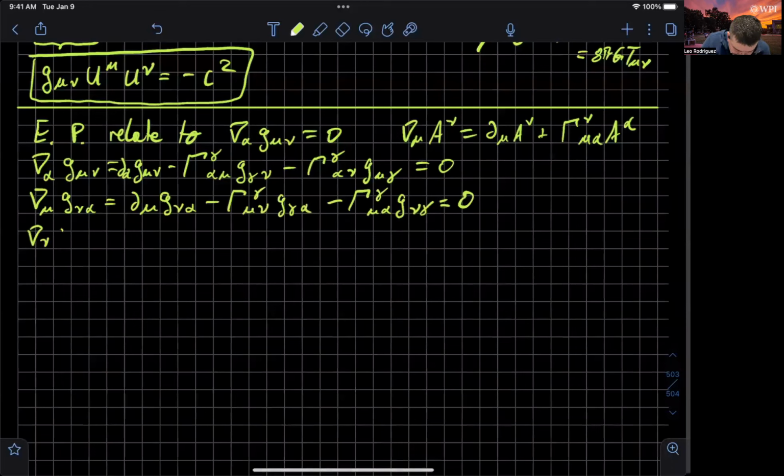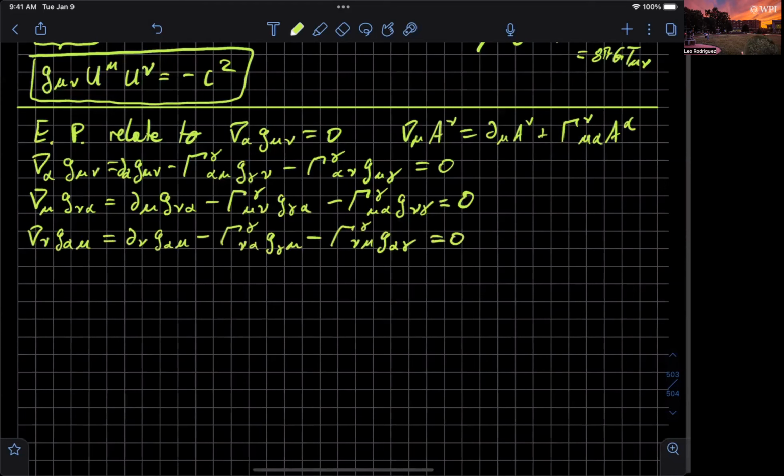So that'll be the derivative of g alpha mu, and then repeating the same thing here. And this too still equals 0.